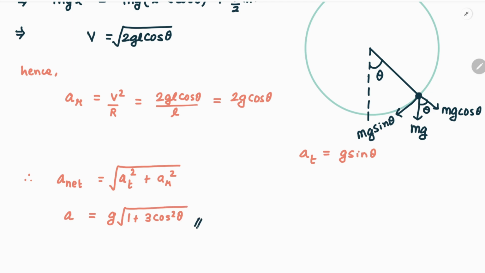So this is the first part of the problem, the total acceleration of the sphere, which we calculated over here.